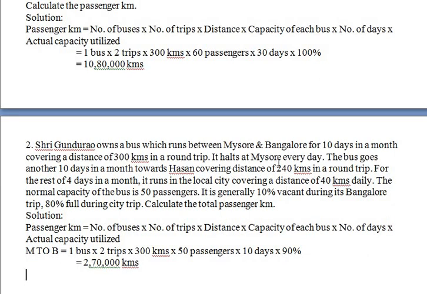Yes. Now next we are going to see. Now it halts at Mysore every day. The bus goes another 10 days in a month towards Hassan, covering a distance of 240 kilometers in a round trip. Okay, it will halt at Mysore. It means from Mysore to Hassan. Okay, Hassan trip is equal to again one bus into, again here they have given round trip. Round trip means again two trips.